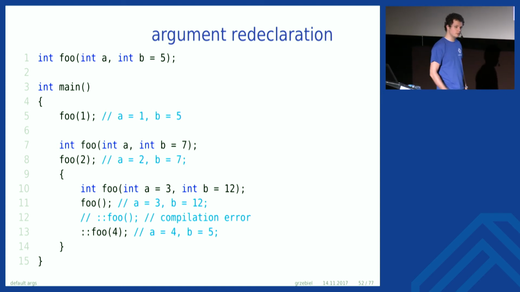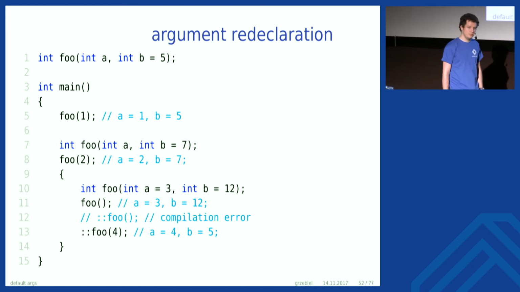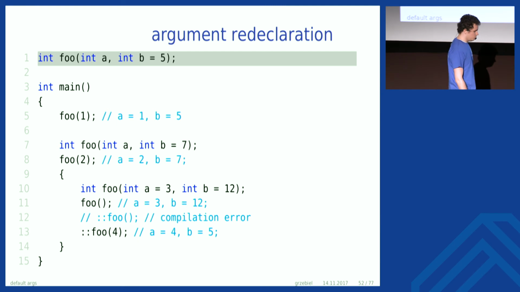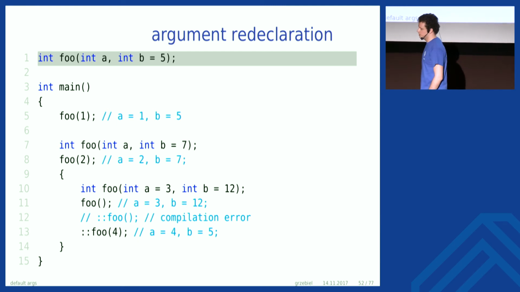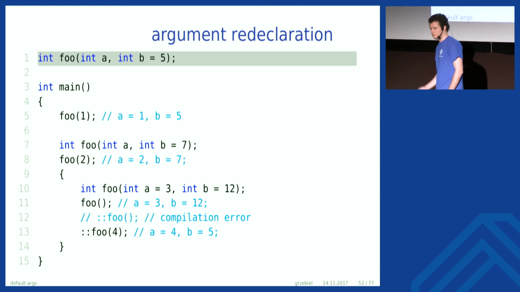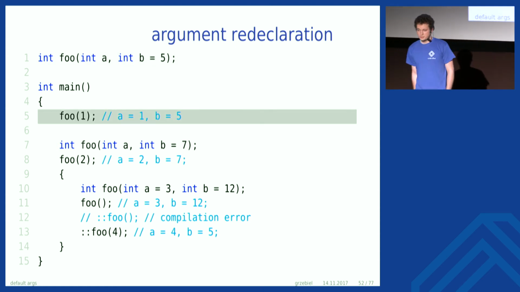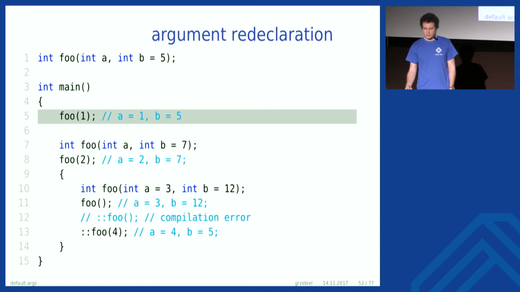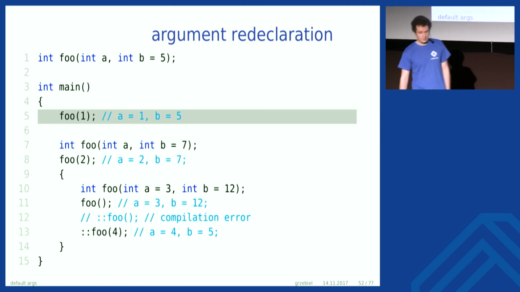We may create a function and specify its default arguments. And at this point, it will be function foo with a single argument, with 2 arguments, and the second one specified with a default value. Then we have a function main in which we call our function. So nothing magical happens. In this case, we specify only 1 argument, and the second one is assigned the default value.